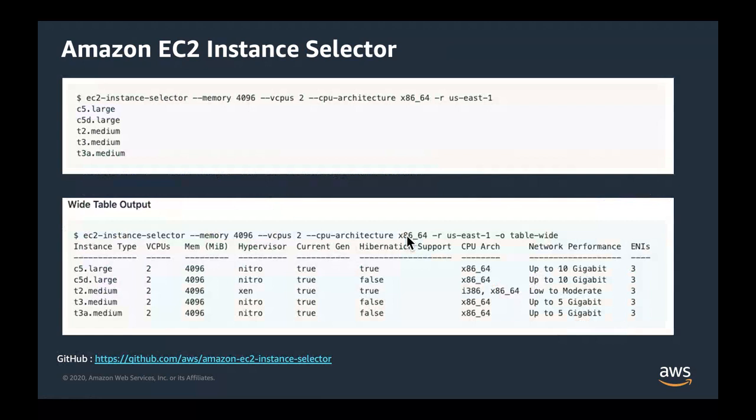It gives you information about the hypervisor, whether they are Xen or Nitro, whether they are current generation or not, if they support hibernation, about CPU architecture, what the networking performance is, how many ENIs there are. There are lots of other options. If you go to the tool, you can see about it, and it works.